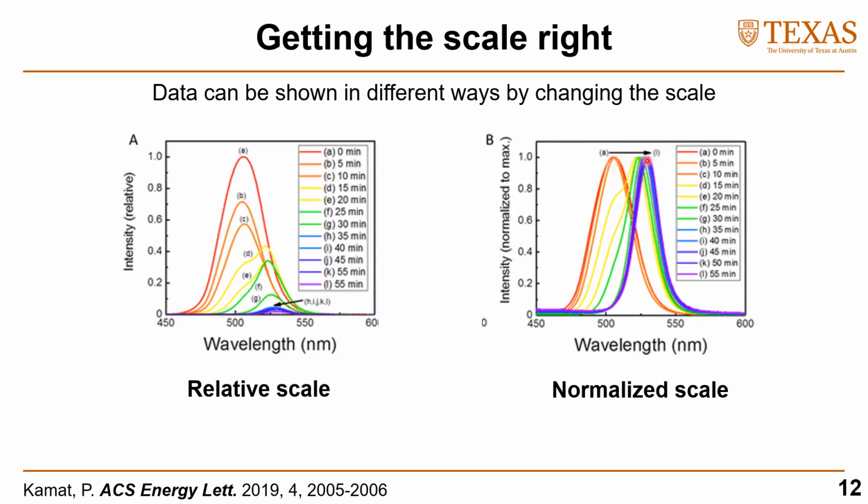We are normalizing the intensity so all of them can be compared. But here we see that there is a change in the wavelength after 55 minutes. So there's a shift to longer wavelengths. So notice that we are showing two different trends from the same data. The only thing that changes is the way we show the plots, and this is done by changing the scale.